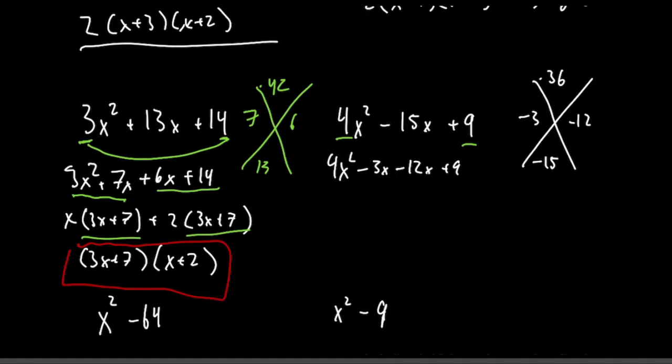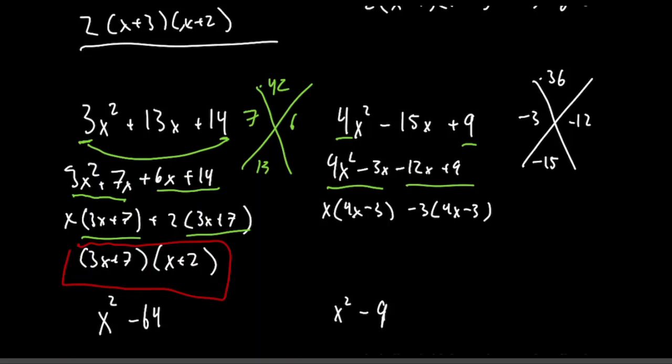Now I'm going to factor these two separately, the 4x squared minus 3x and the minus 12x plus 9. Starting off with the 4x squared minus 3x, we can factor out an x, so we'll get x(4x minus 3). Now I'm going to factor out a negative 3 from the negative 12x plus 9, because that's its greatest common factor, so we'll have negative 3(4x minus 3).